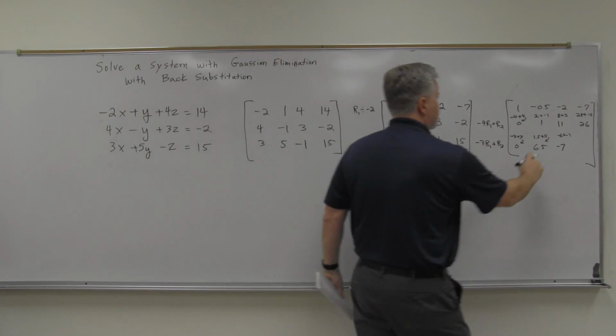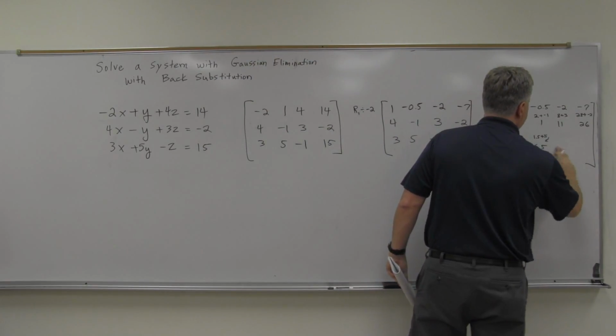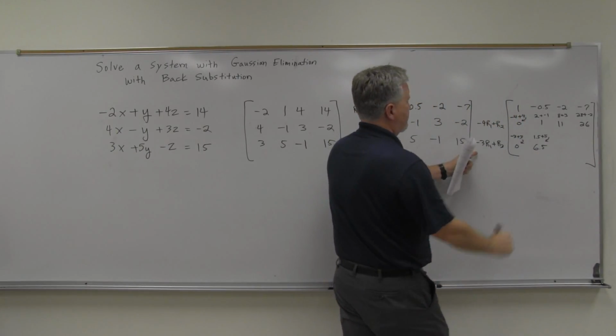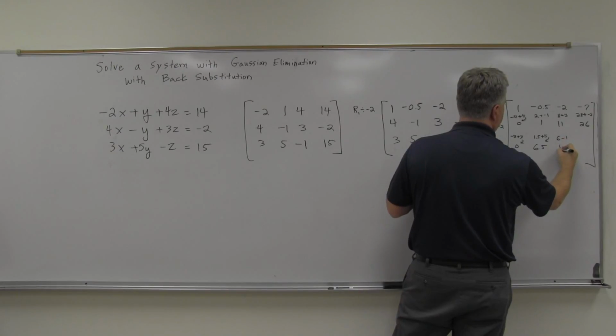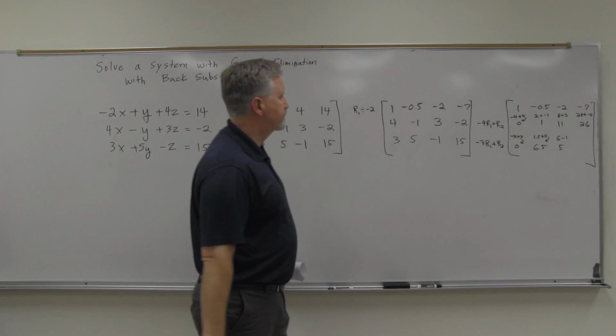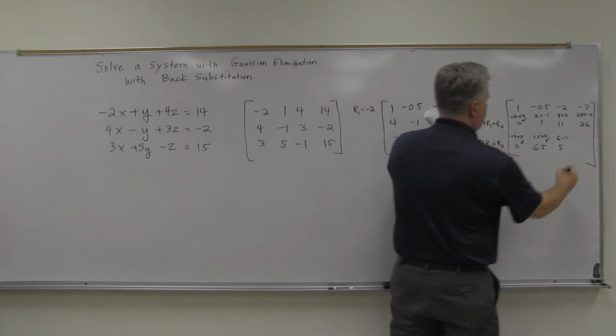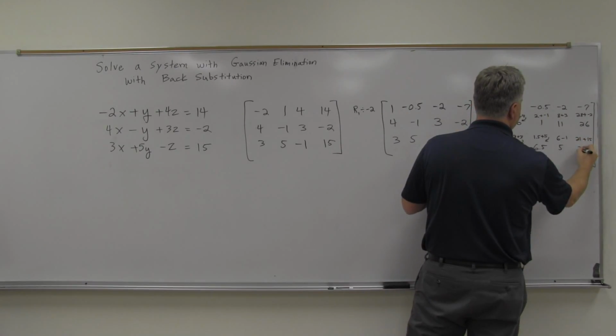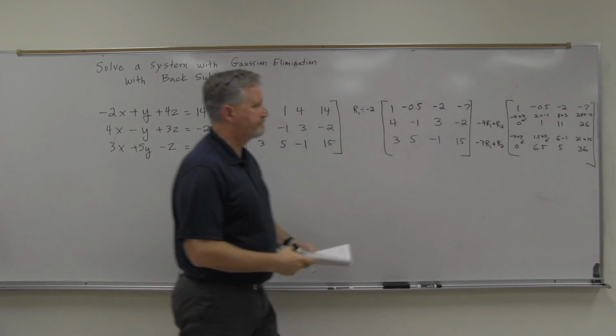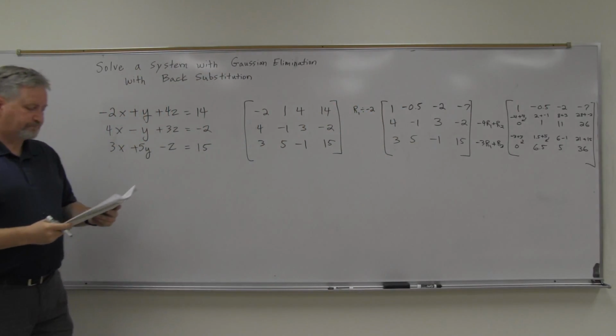No, sorry, positive 6. Try that again. It's negative 3 times row 1, so that'd be positive 6 minus 1, so that'd be a positive 5. And then negative 3 times that would be 21, plus the 15, so that's 36. How's that look?